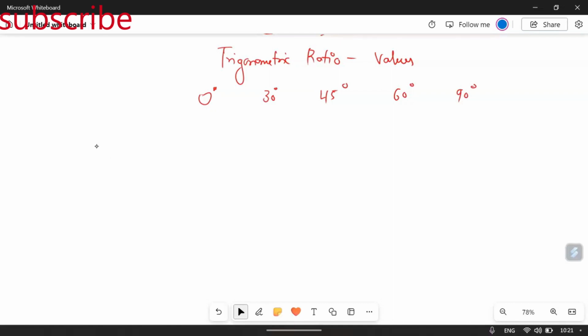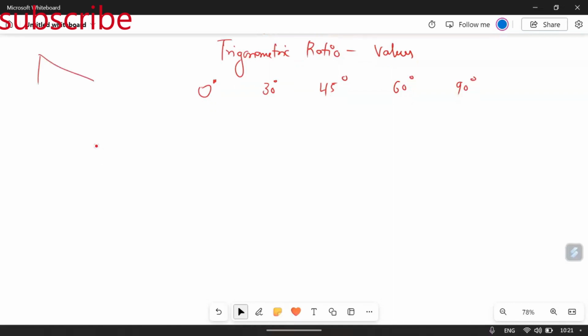If I'm talking about this triangle again, right angle at B, sin A. It's complicated to always write A, so we use the word theta. It's a Greek letter and we use it for unknown angles. So sin theta.